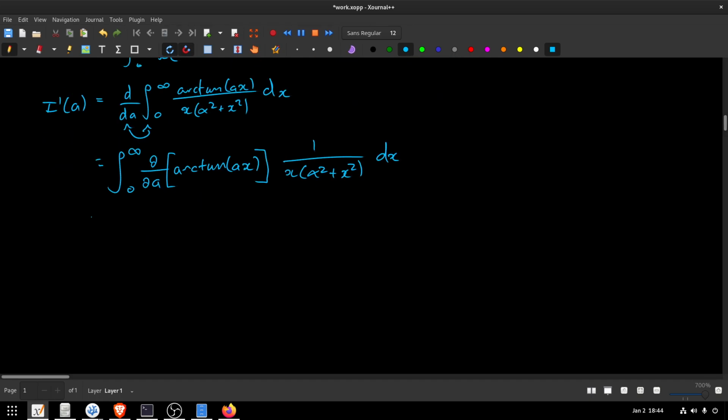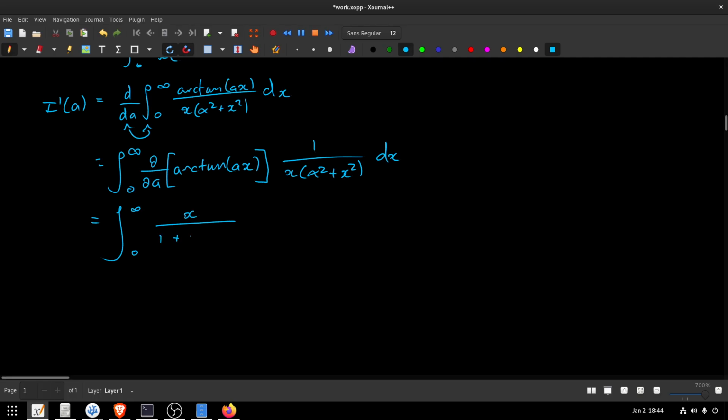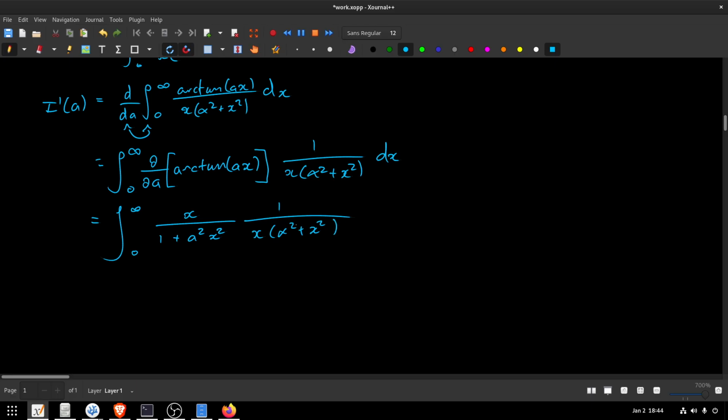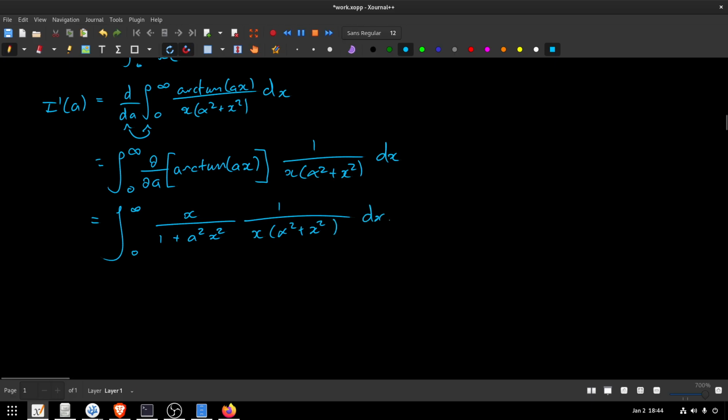Cool, so we can just go ahead and evaluate that. So this is going to be 0 to infinity. We're going to have an x up top here, 1 plus a squared x squared multiplied by x times alpha squared plus x squared.